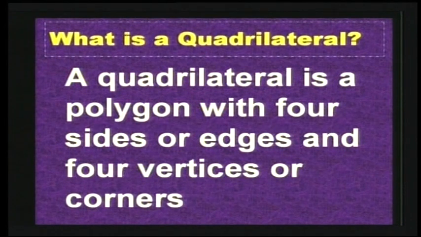Again, a quadrilateral is a polygon with 4 sides or edges, and it also has 4 vertices known as corners. That's the definition of the word quadrilateral. Now, to the receiving teacher, you can copy the definition down for your students.